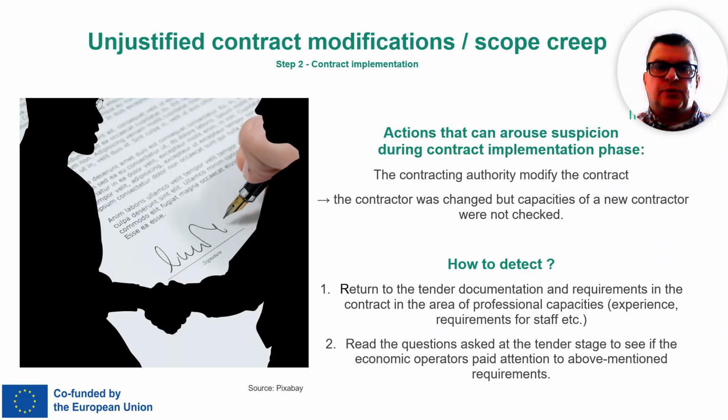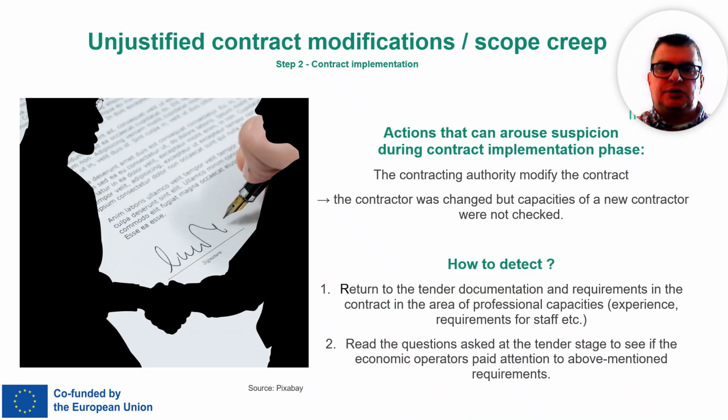Another action that can raise suspicion during the contract implementation phase is when the contracting authority modifies the contract. For example, the contractor is replaced, but actually nobody checks whether the new contractor actually has the required capacities. And how can this be detected?